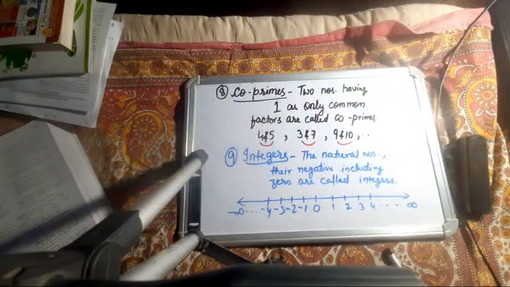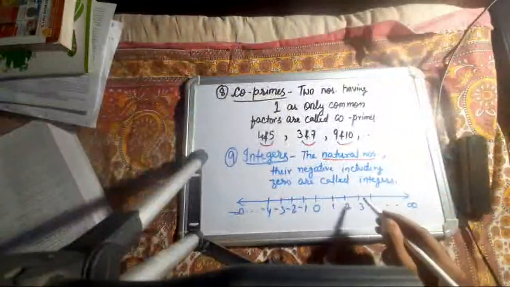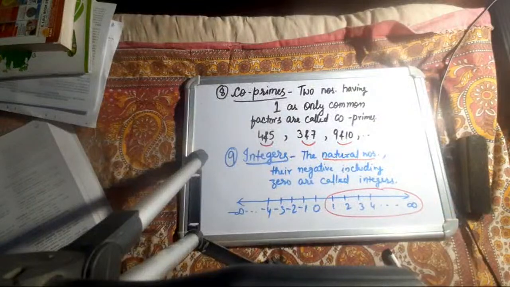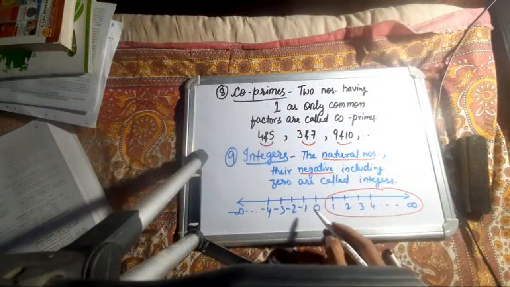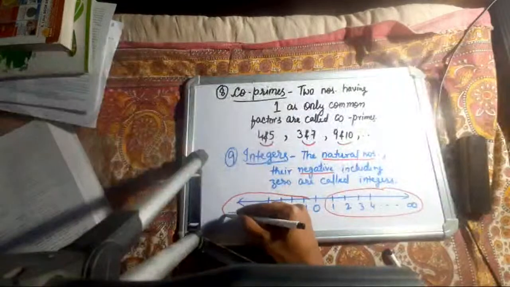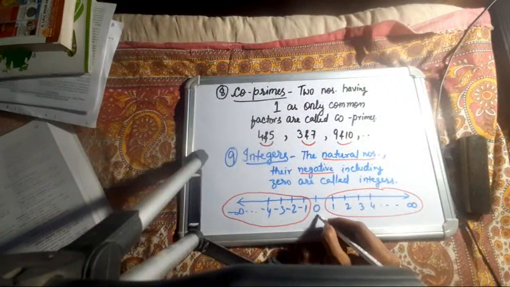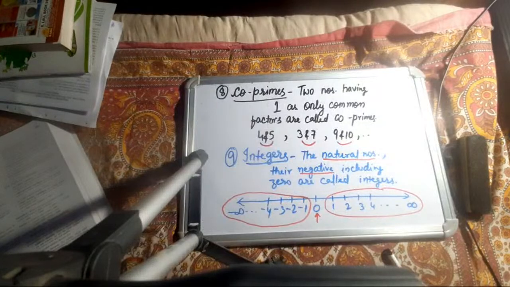So the natural numbers, this entire part, are integers. The negatives of natural numbers, from minus infinity to -1, including 0, are also called integers.